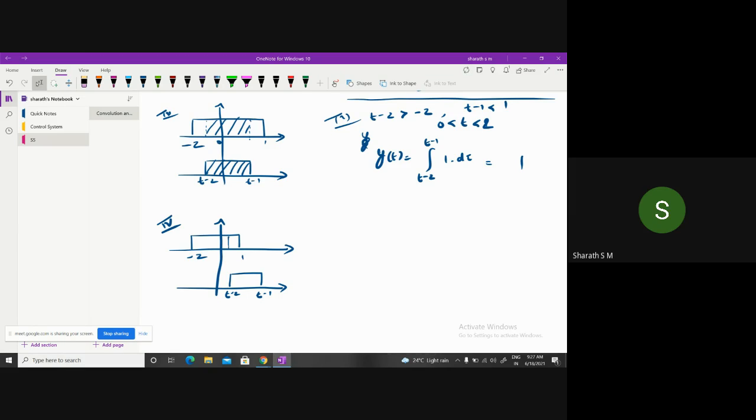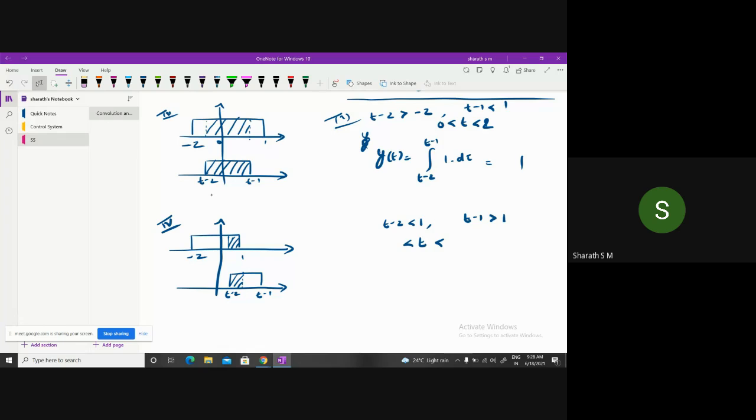So t minus 2 is less than 1 and t minus 1 is greater than 1. So now what's the range for t?